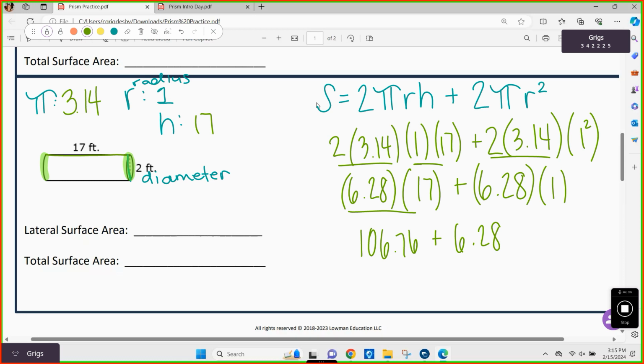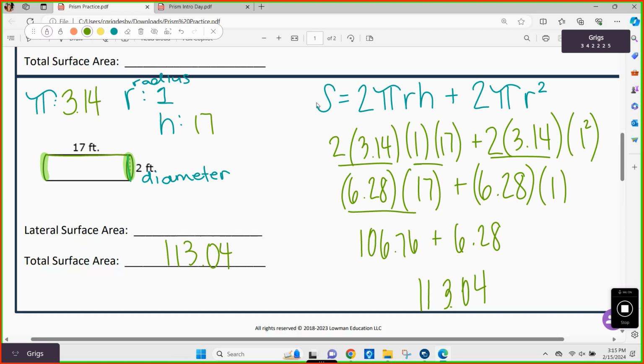And then 6.28 times 1 is 6.28. So if I added these together, 113.04. So my total surface area of the cylinder is 113.04.